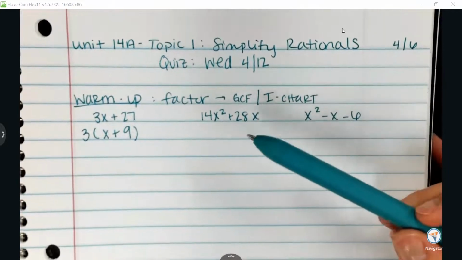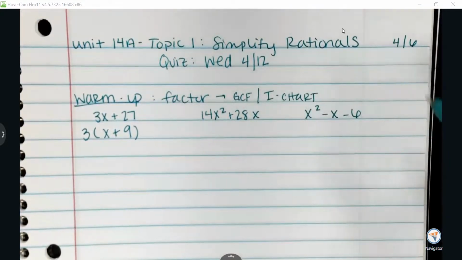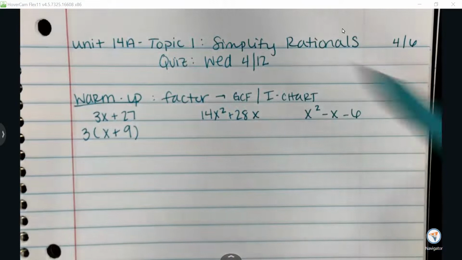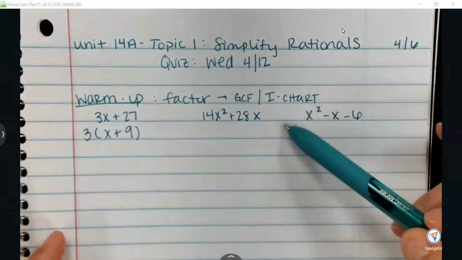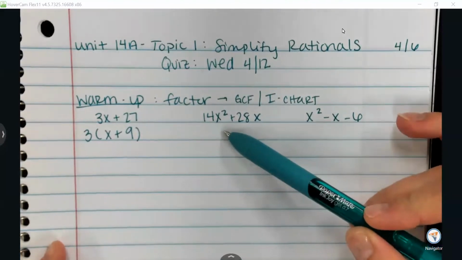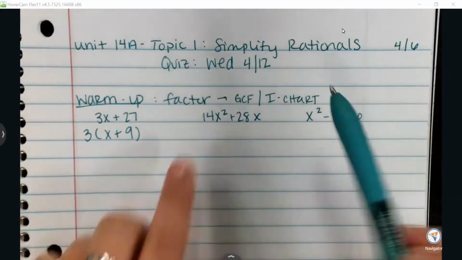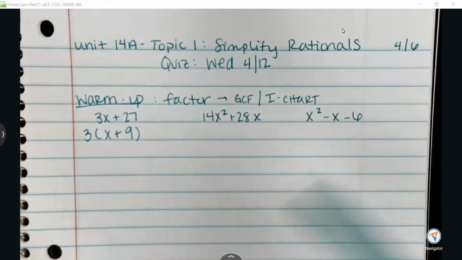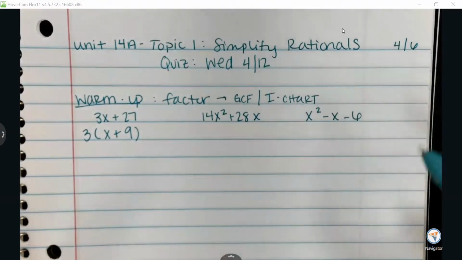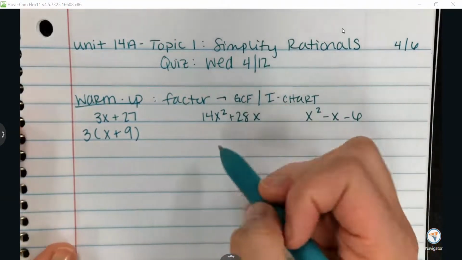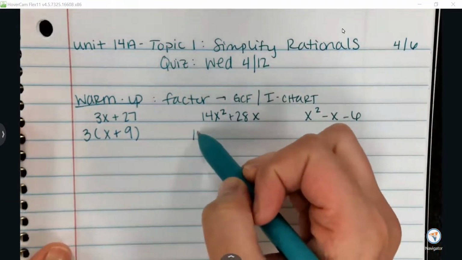Can I make an eye chart on number 2? Why not? There's not even a number. Remember, you have to have all 3 terms to make an eye chart, which means all I can do is get a GCF. 14 and 28. What number do they have the same? What can I divide them both by? 14. You can't use 2. That's not the greatest. 14.